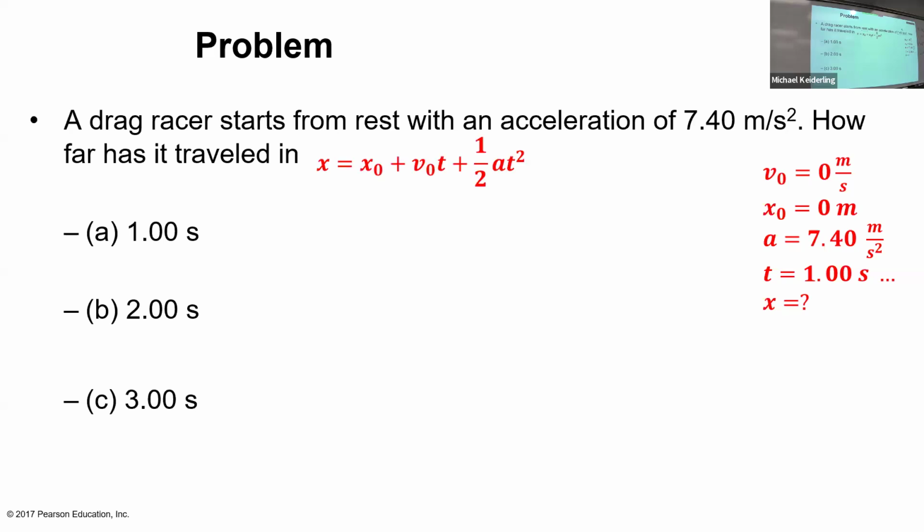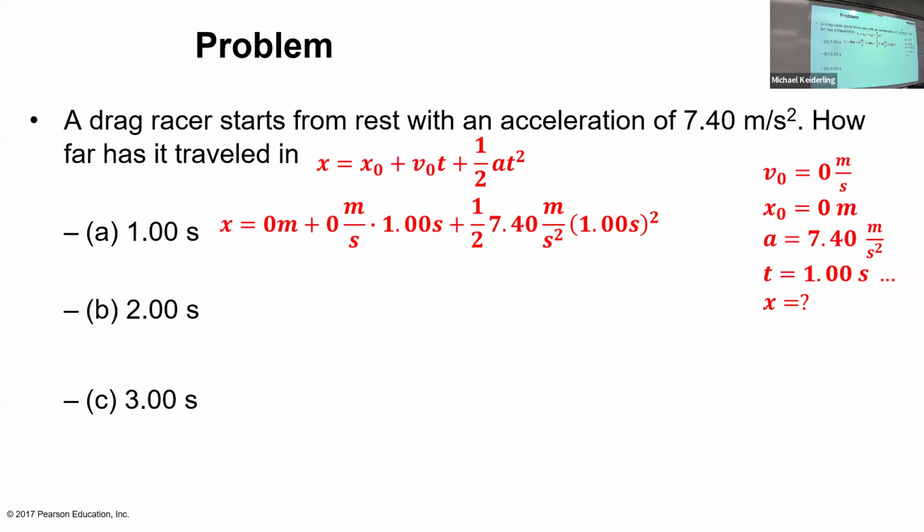So position is initial position plus initial velocity times time plus 1/2 acceleration times time squared. However, this is quite nice because our initial position is 0, initial velocity is 0, so those first two terms are just going to go to 0.